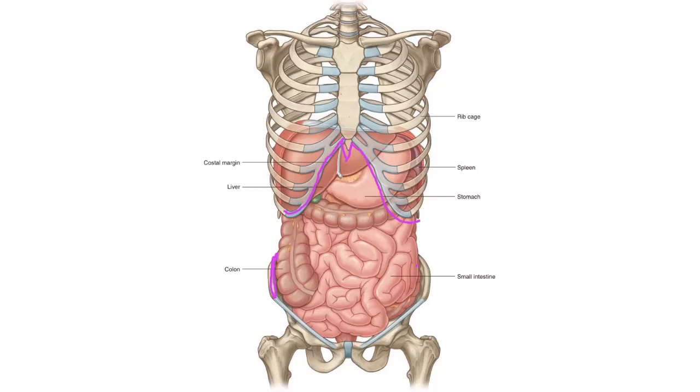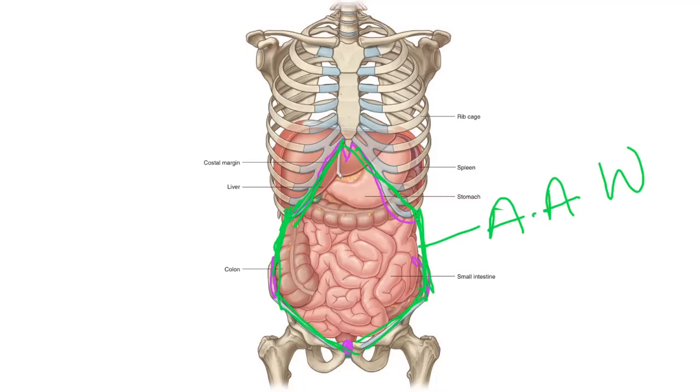Iliac crest and pubic symphysis. So this is the anterior abdominal wall, right?